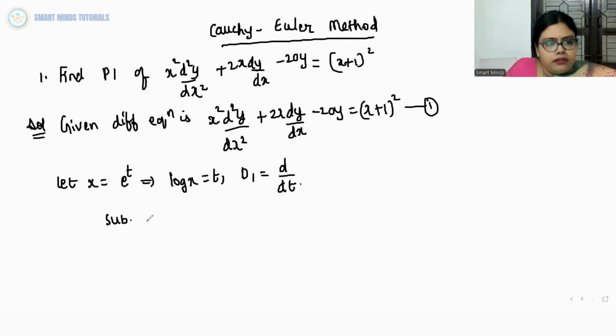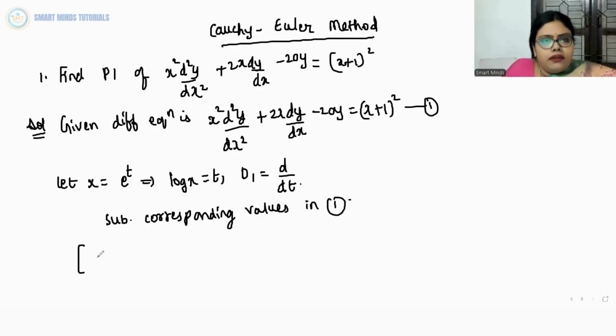Now substituting the corresponding values in equation number 1, you will get d1 into d1 minus 1 plus 2d1 minus 20 into y is equal to, what is x? X is e power t. So e power t plus 1 whole square.